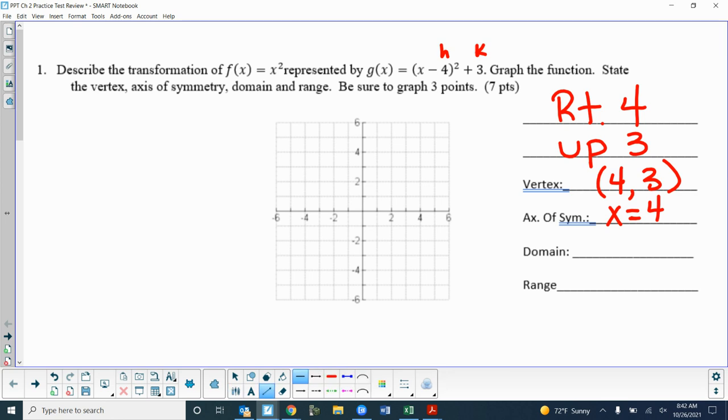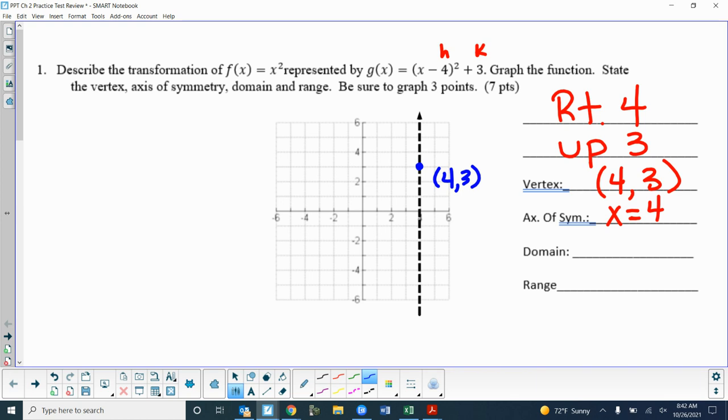All right, so if we have to graph this, we draw that in. So there's my axis of symmetry right through 4. My vertex is at 4, 3. Right there. Okay?